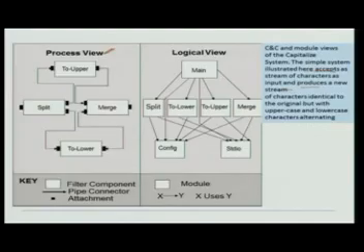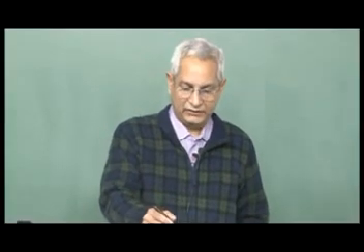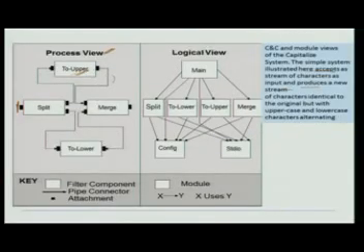I will take the next character that comes and send it to this module, which will convert it into lowercase and push it here, and this merge module is going to pick one character from here and another from here alternately and output it. This is going to give me an output stream which is identical to the input stream, except that the first character is always uppercase, second is lower, third is upper, and so on, right.